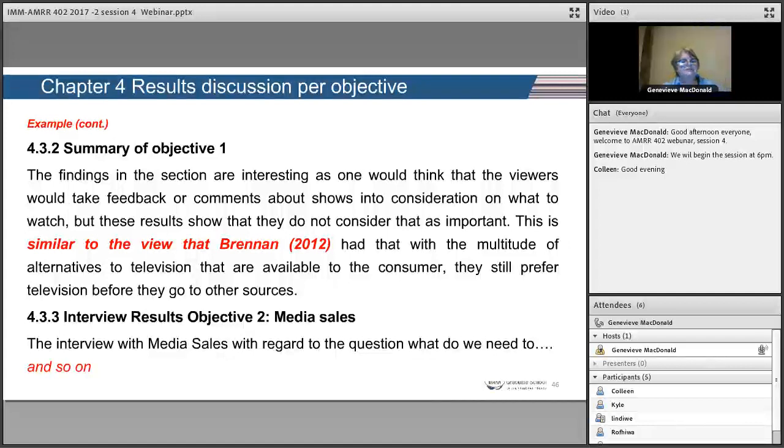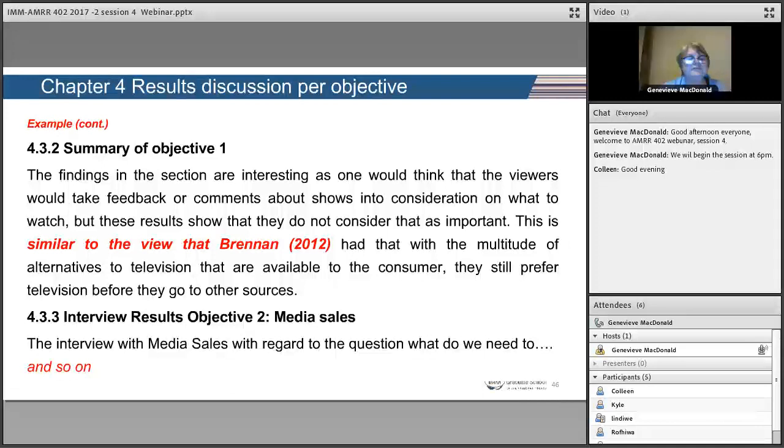Summary of objective 1. The findings are interesting, as one would think that viewers would take feedback or comments to show into consideration of what to watch, but they do not consider that as important. It is similar to the view that Brennan had with a multitude of alternatives of video that is available.